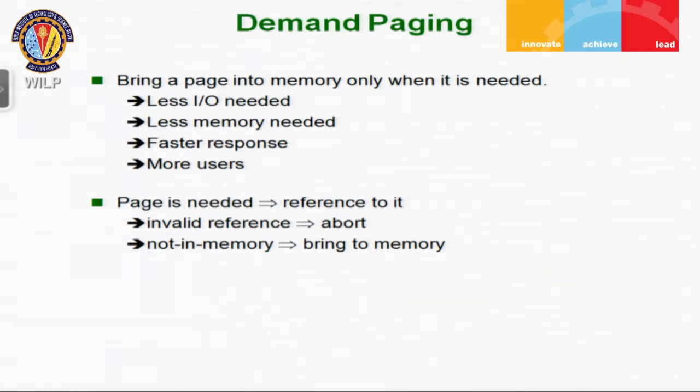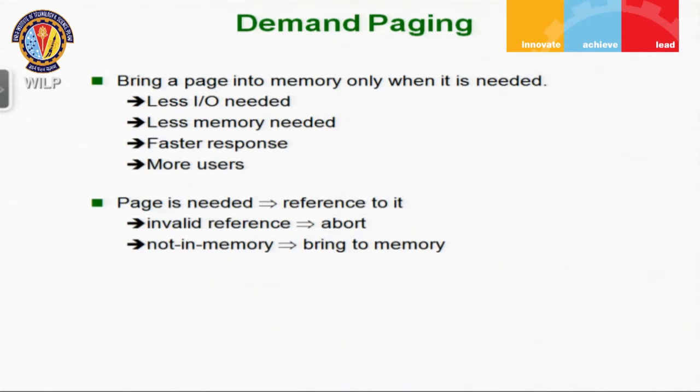So load on demand functions in this way: whenever a page is needed, the processor generates a reference to the required page. When the processor generates a reference to the required page, there can be two situations. One, the reference is invalid, meaning the processor has generated an invalid address, or it is trying to access information which does not belong to this particular process.